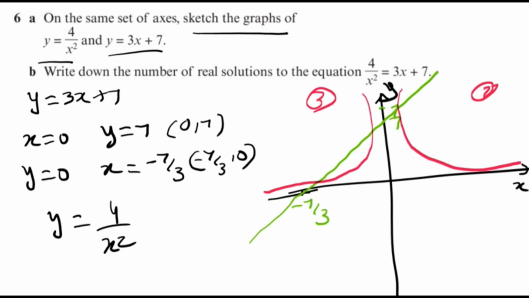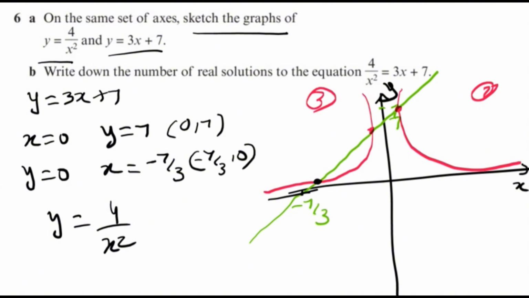Okay. Now write the number of real solutions to this equation. As you can see here, we have 3 intersection points. One is here, one is here, and one is here.